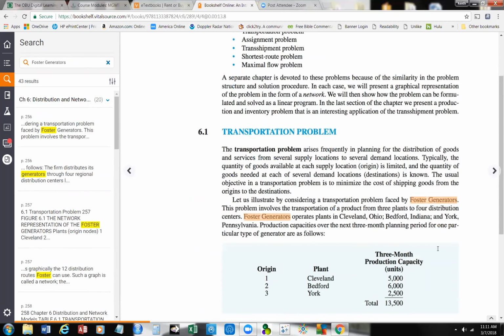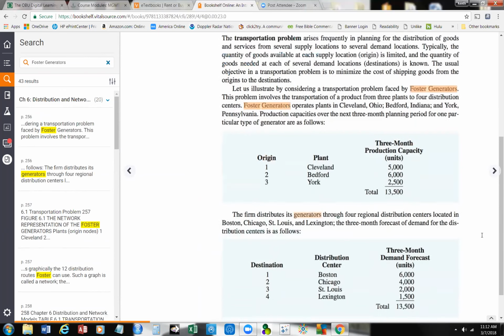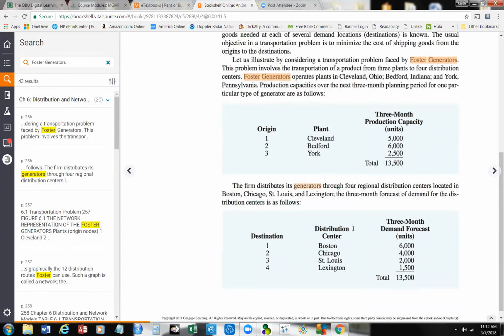Here we start to get some data about them, and we see the origin and the plant, and then the production, the 3-month production capacity, what they can make. Then we also see the distribution center and the forecast. So they're sending stuff out to a forecast.